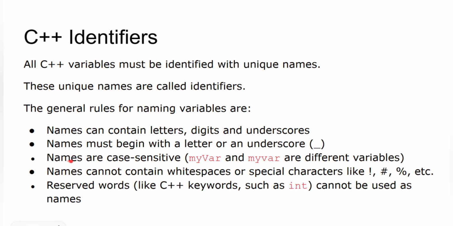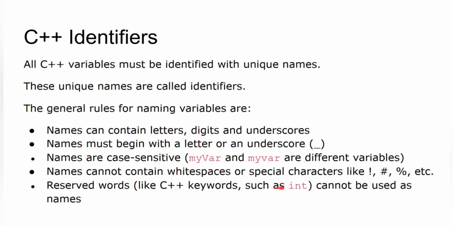Another rule is that names are case sensitive. Let's check this after checking the next two points. Names cannot contain white spaces or special characters. Your name should only contain letters, digits, and underscores. It cannot contain white spaces or special characters like exclamation mark, hash, etc. Another rule is reserved words.